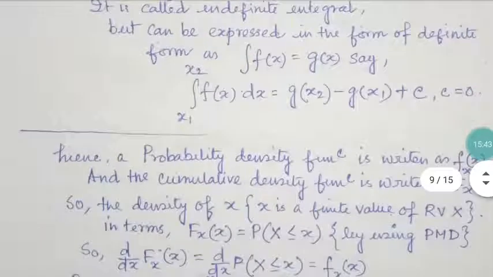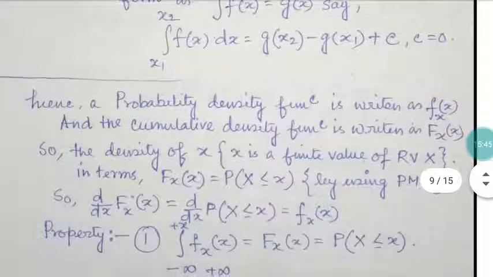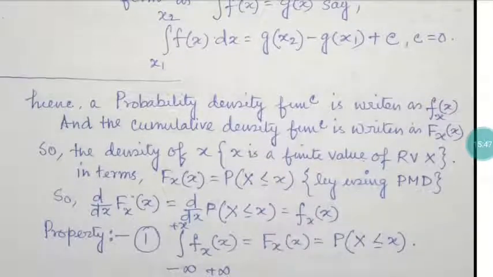Here the probability density function is written as small f of x, and the cumulative density function is, sorry, it is the distribution function, I said it wrongly. If you correct it, the cumulative distribution function is written as capital F of x.